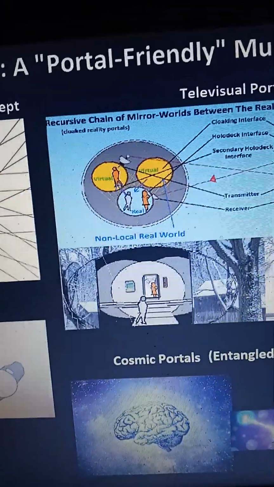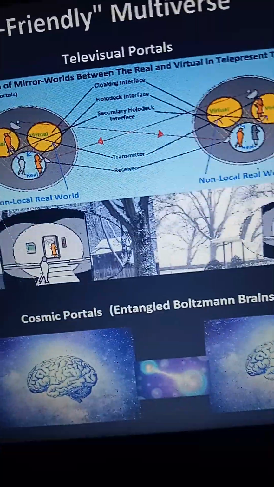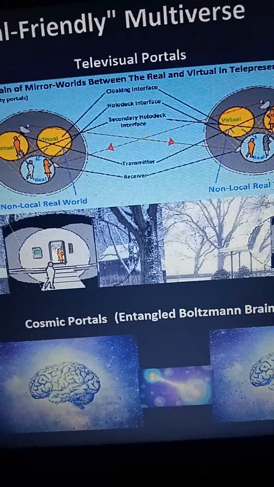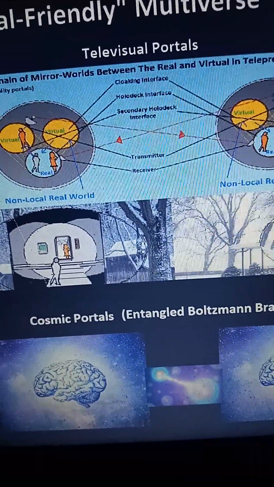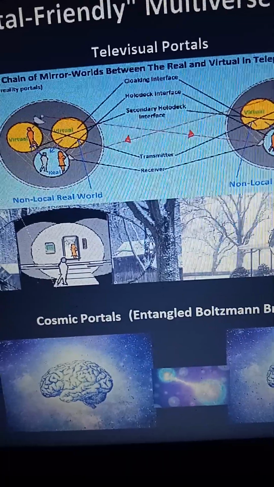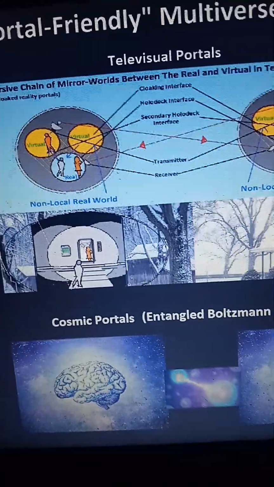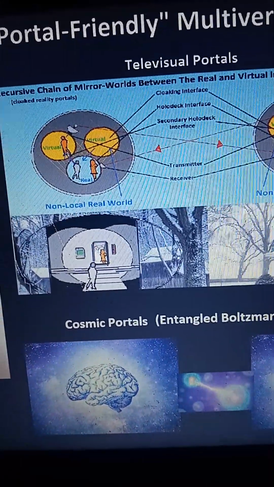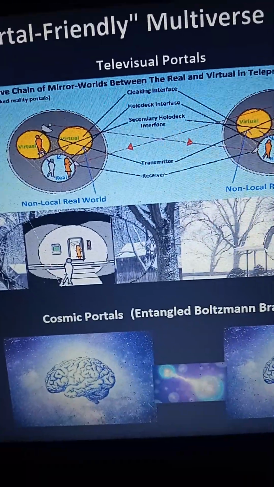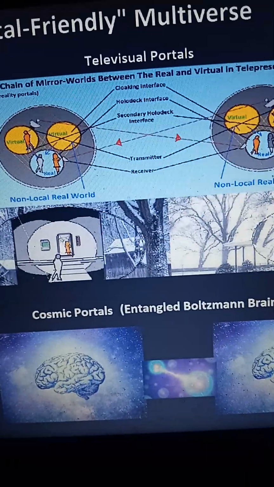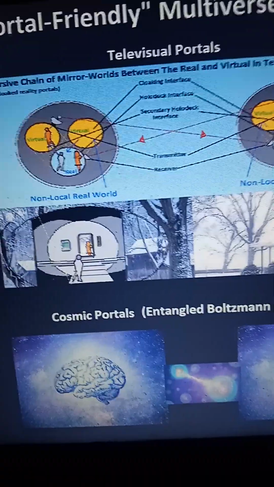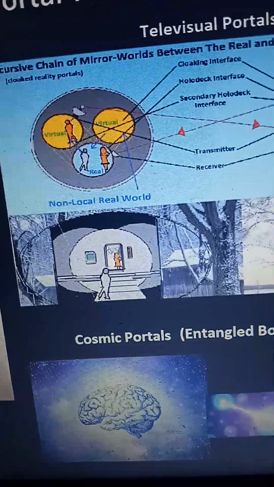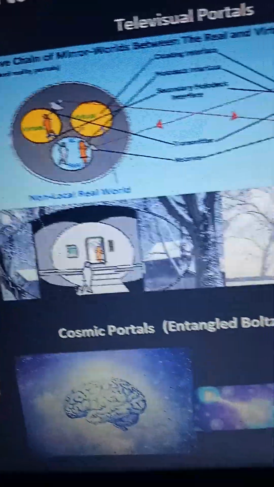A portal, I believe, is similar to a soul. It's just an extension of the soul in space, or the Boltzmann brain in space. A portal is an extension of the experiences that you can experience either in one holodeck or another, transferred from one holodeck to another.